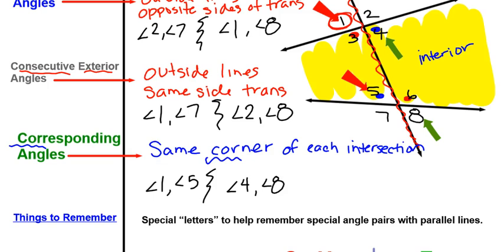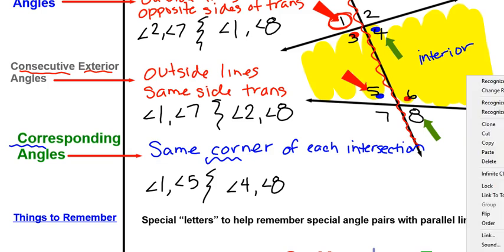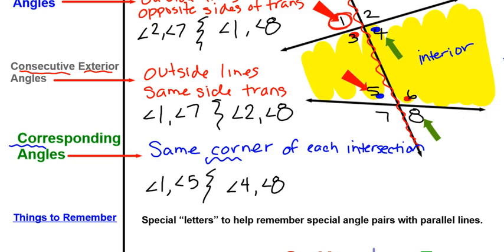And then if I were to look at angle 7, which angle would be in the same corner as angle 7? And that would be angle 3 right there. They're both in the lower left-hand corner. And then what is the only angle that's left right there?